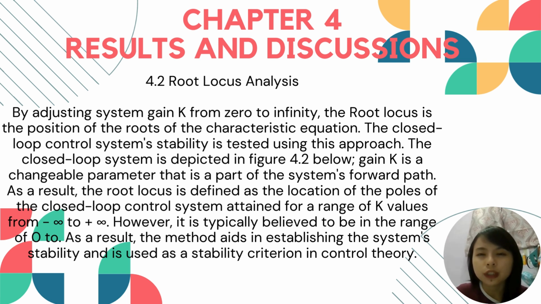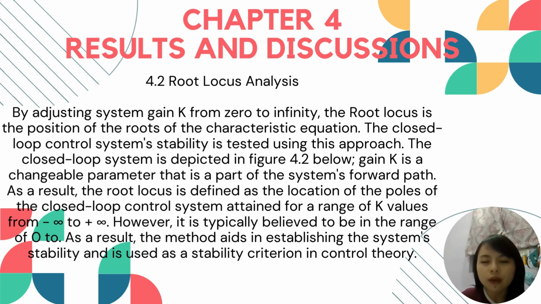The closed loop system is depicted in figure 4.2 below. K is a changeable parameter that is a part of the system's forward path. As a result, the root locus is defined as the location of the poles of the closed loop control system for a range of K values from negative infinity to positive infinity.